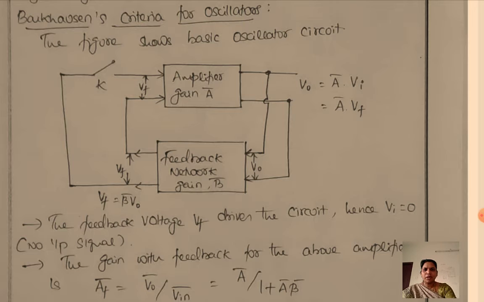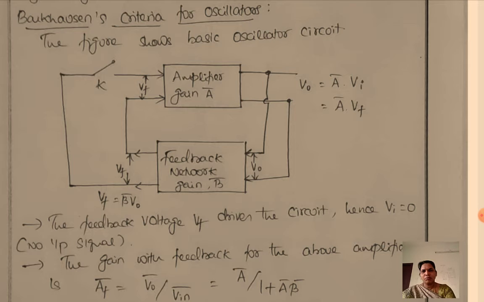The input is given to the amplifier block and the gain of the amplifier is A. Now a part of the output waveform is fed as an input to the feedback network whose gain is beta, and the output of the feedback network is represented by Vf.